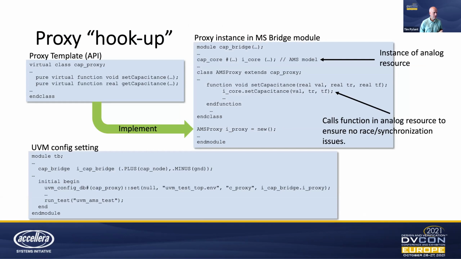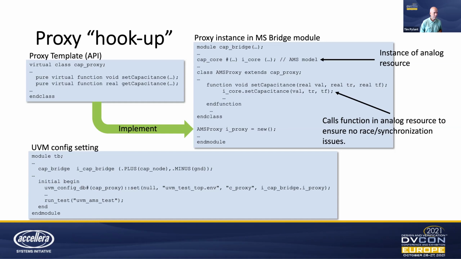There'd be a proxy class, and you can define all your API that you want to use within the proxy. So in this case, we have a set capacitance function and a get capacitance to write and read the capacitance for the bridge or for that analog resource.